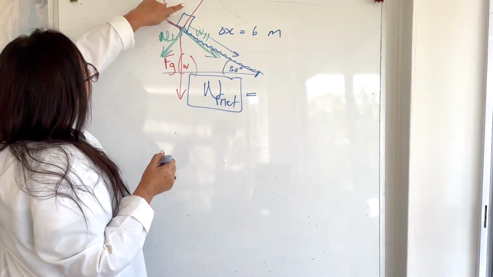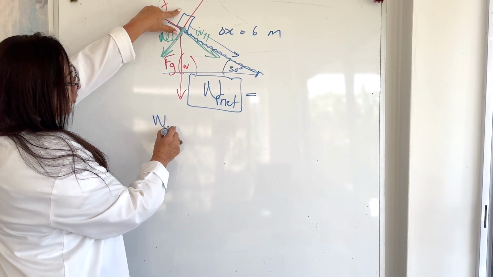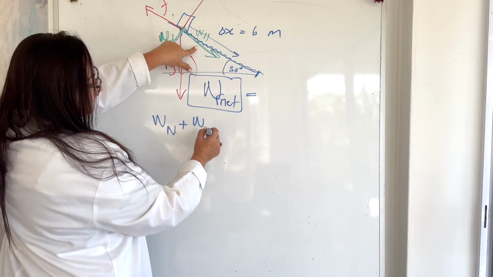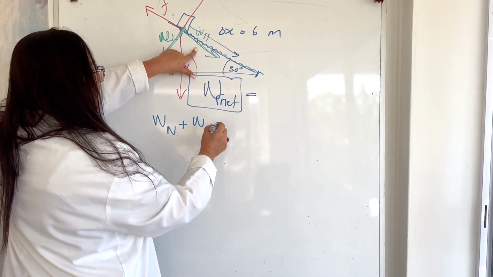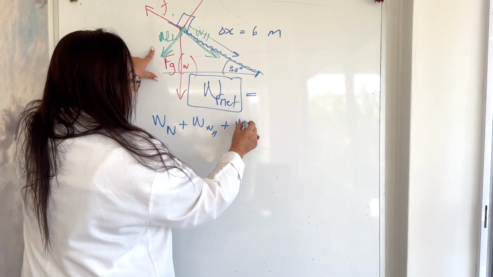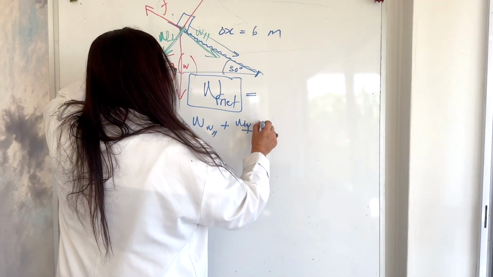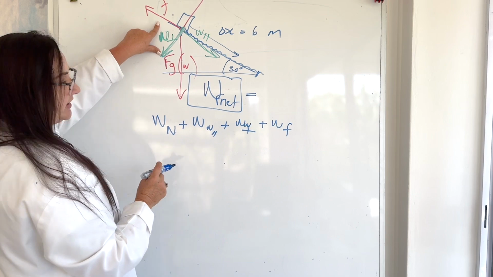That means I will have to work out the work done by the normal force, plus the work done by my gravitational force parallel to the slope, plus my work done by my weight perpendicular to the slope, plus my work done by my friction.